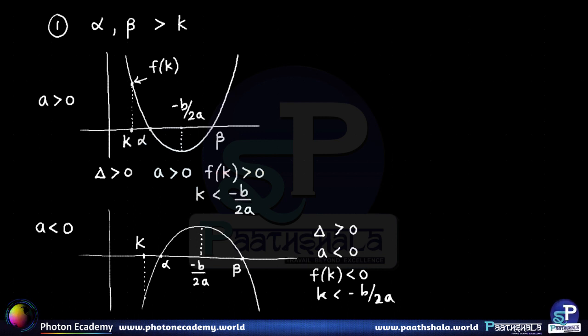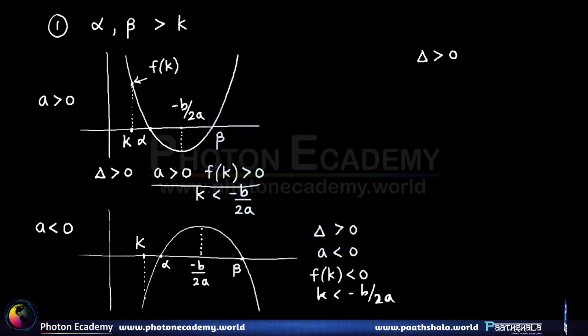We observe that in both of the cases, since basically we want the roots, we will say that delta greater than 0 is definitely required. Now if you observe the conditions for a and f of k, in the first case we have both of them positive, whereas in the second case we want both of them negative.